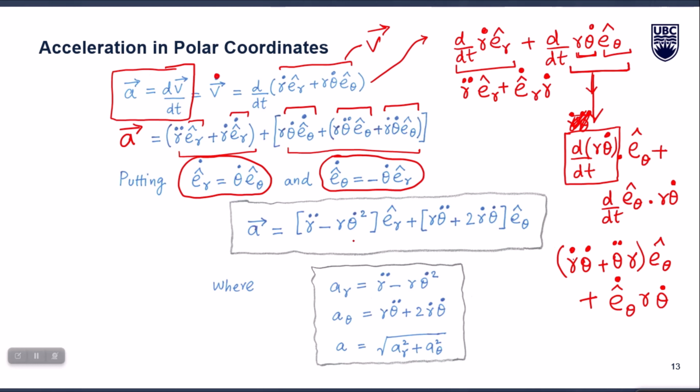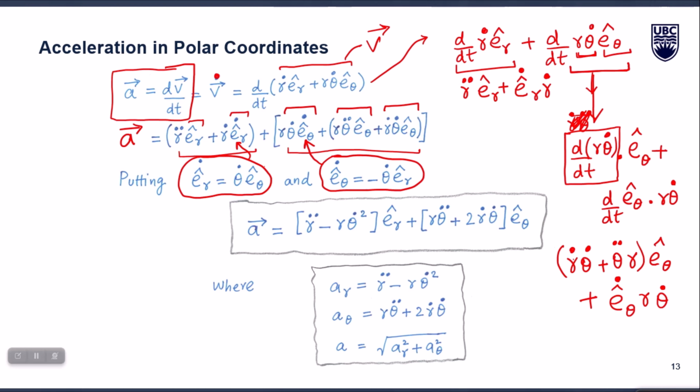So I introduce this equation for E sub r here, and similarly I introduce E sub theta here in the first term, right? So my long expression for acceleration is now not a function of the derivatives of unit vectors, but is written only in terms of unit vectors.